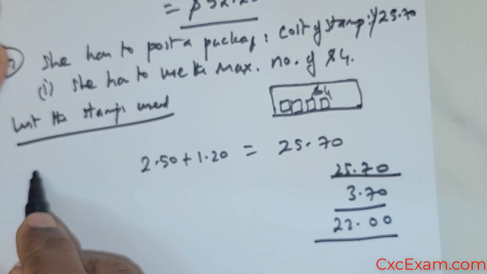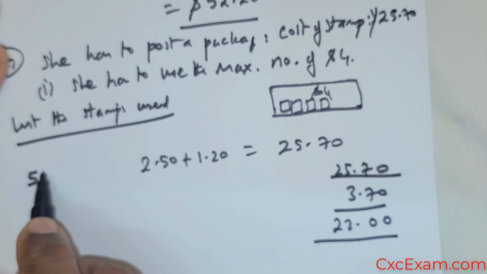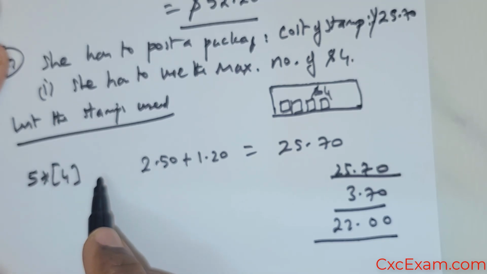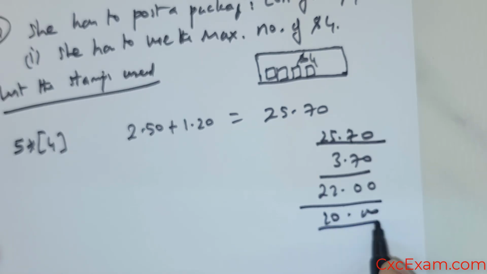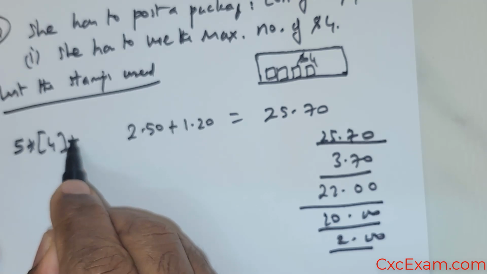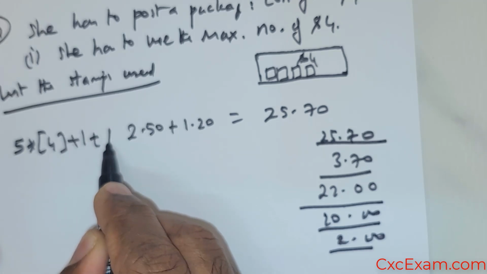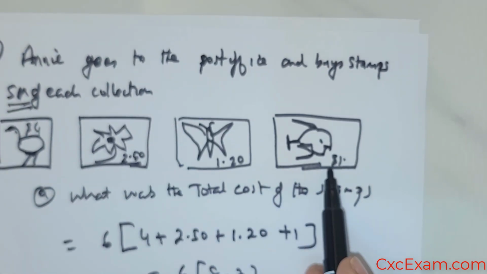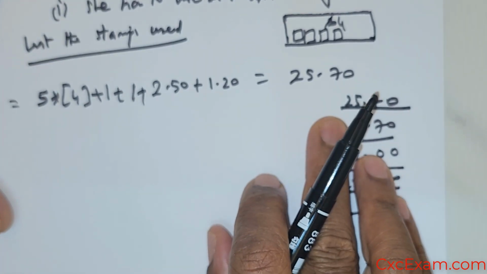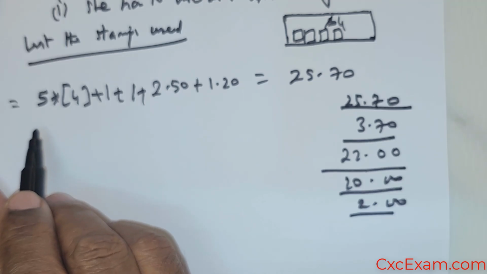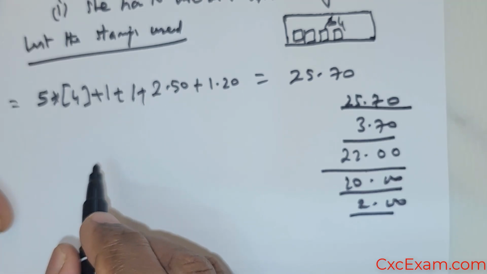Now this 22.00 I have to get from $4. So clearly 5 times of $4 will give me 20. But what remains? $2. So that $2 will have to come from $1 stamp. So this is the package, or I would say the stamps that go onto the package.